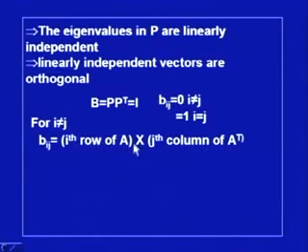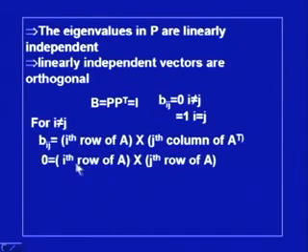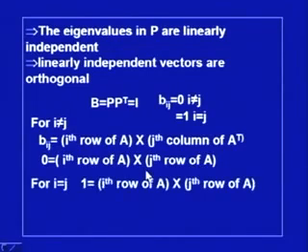But the jth column of A transpose is the jth row of A, so this column is replaced by row. So two rows of A are multiplied, and this is equal to 0 when i and j are distinct, because they are independent vectors.